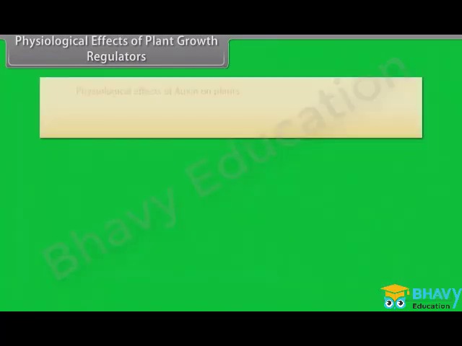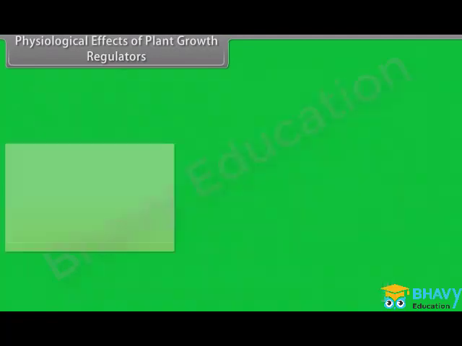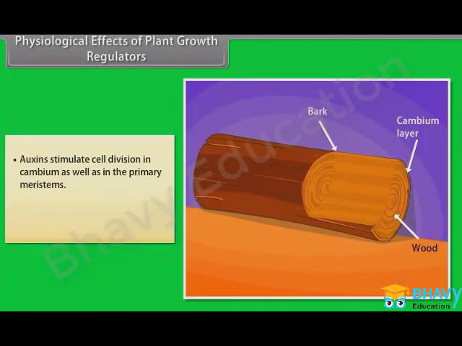Physiological effects of auxin on plants. Suppression of lateral buds by the apical bud is called apical dominance, and it is found to be due to transportation of auxin. Auxin stimulates cell division in cambium as well as in the primary meristems. Cell elongation is an important role played by auxins.